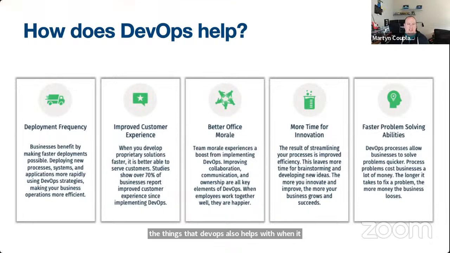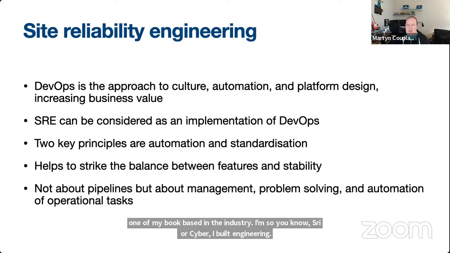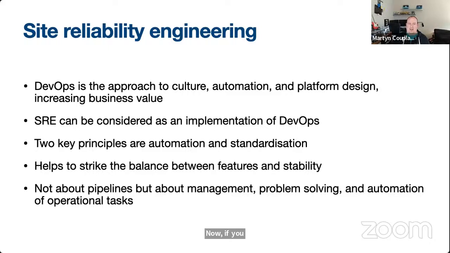And then, finally, I just want to mention SRE, or site reliability engineering, because this is one of my bugbears in the industry. So, SRE, or site reliability engineering, however you want to pronounce it, is really an engineering approach to IT ops. It's a software approach to IT ops.